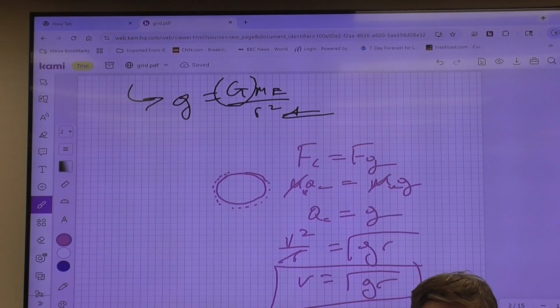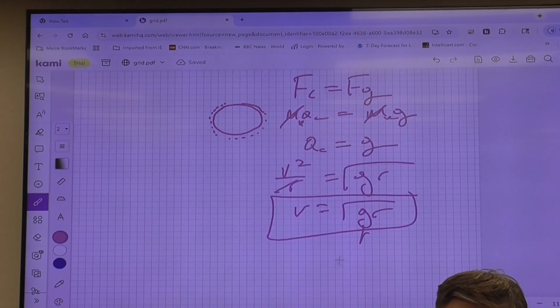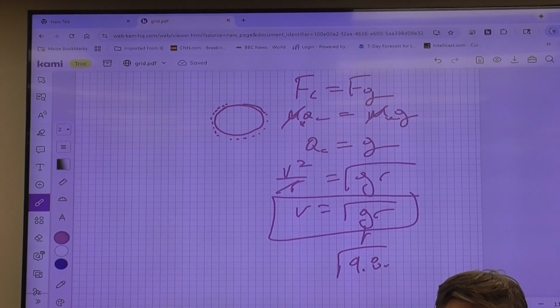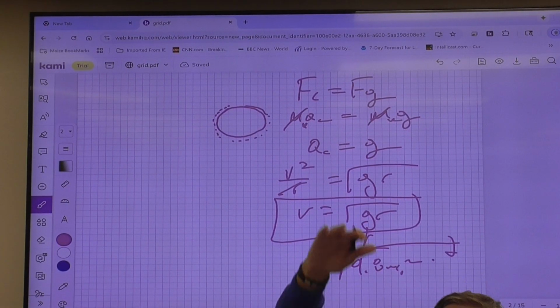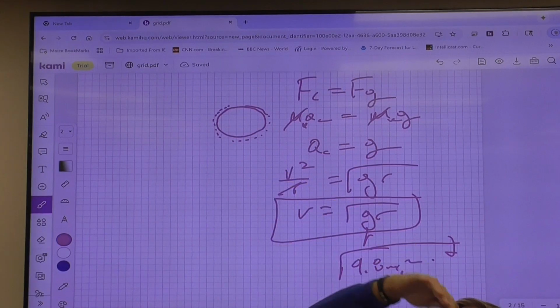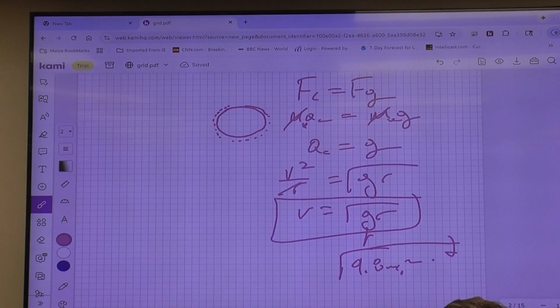The reason that this works is that if you're in near-Earth orbit, that's just 9.8 meters per second squared times whatever the radius is from the center of the Earth. Basically, it's a really, really big circle. So if you're talking about the moon, you would put in the radius of the moon.